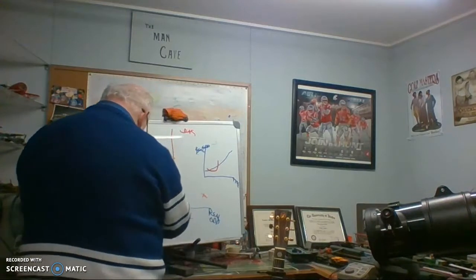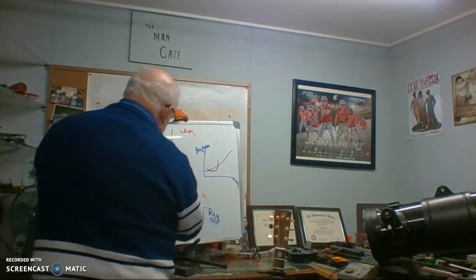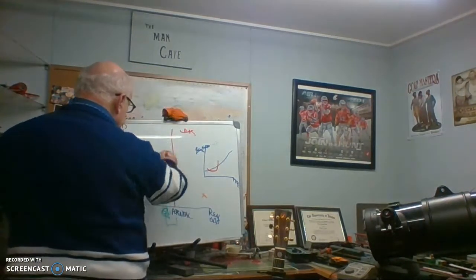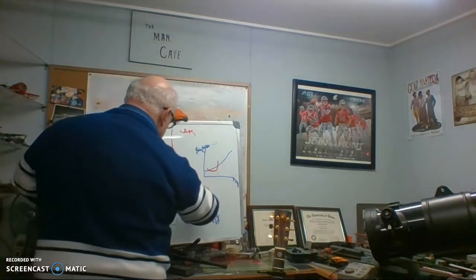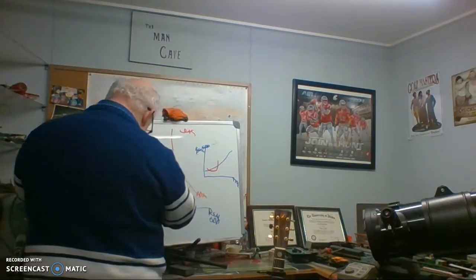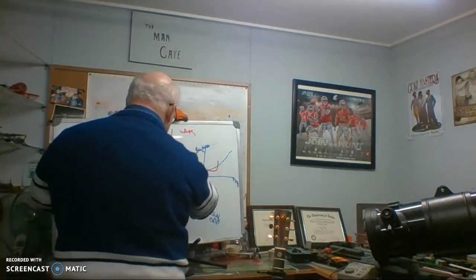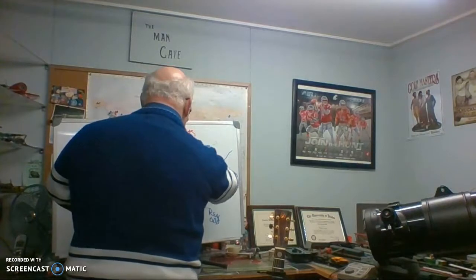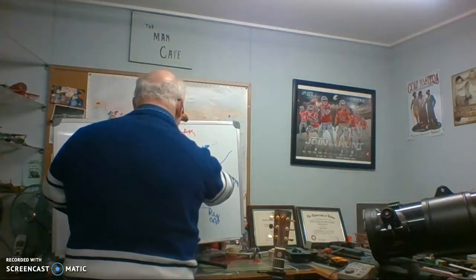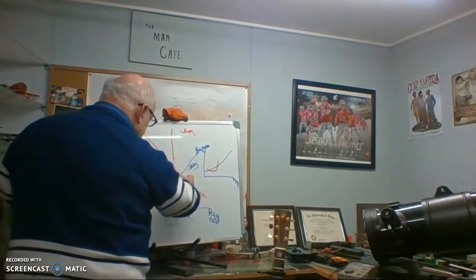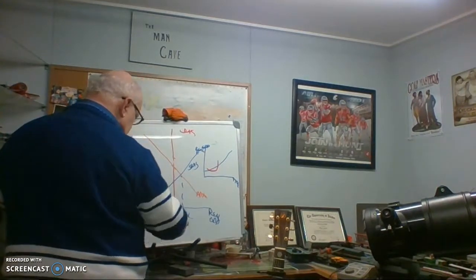So that would be a situation where the aggregate demand would be like that, and the short run aggregate supply would be something like that. And so the gap would be above potential.